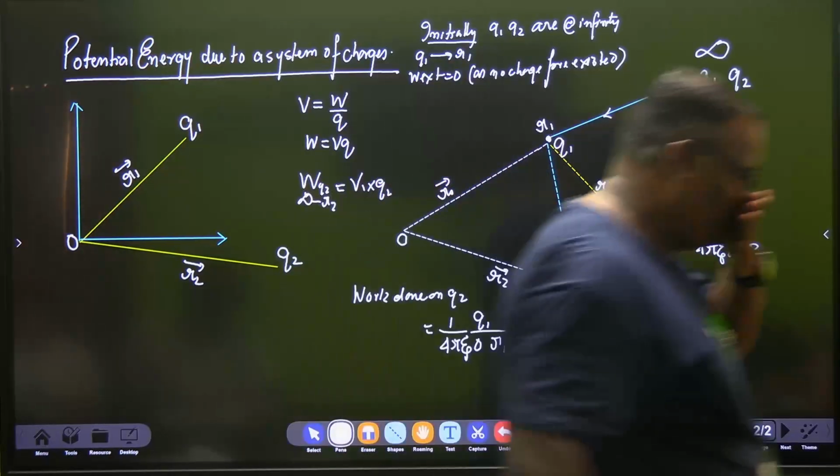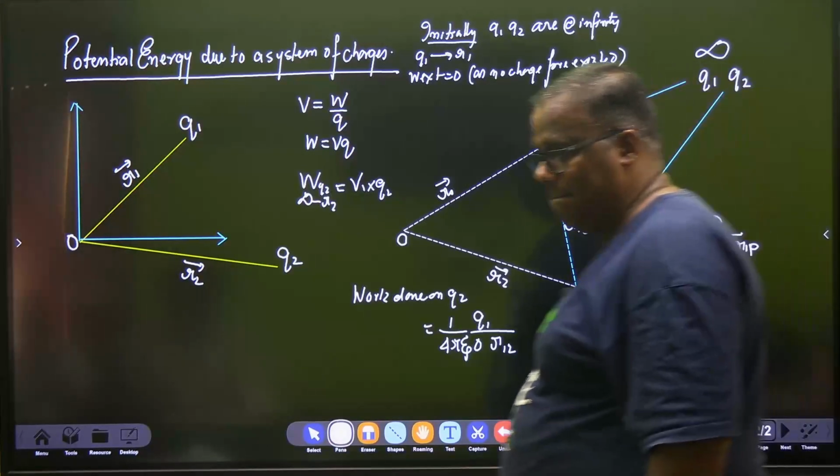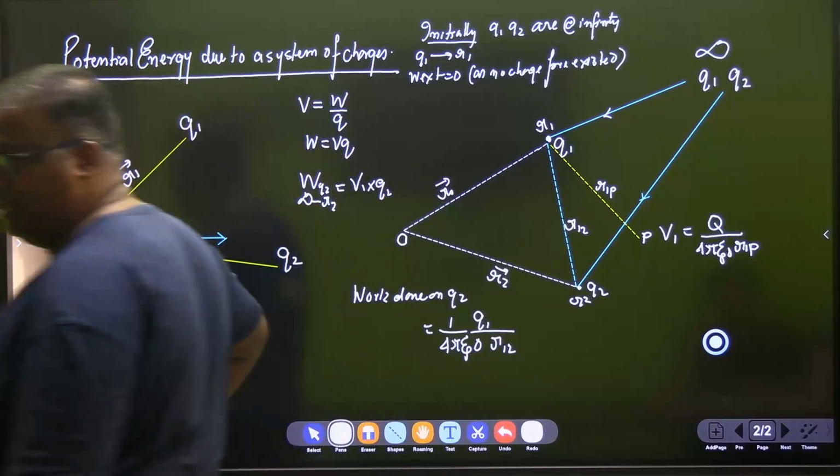Make it. Make the diagram, and once you're done, let me know.